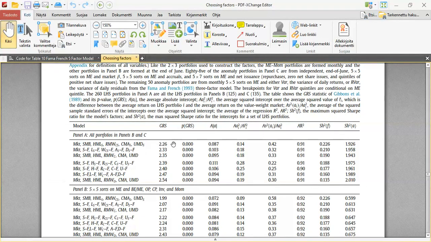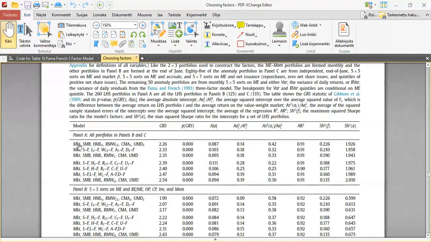So we see the corresponding GRS test, and I suppose this is an F test here, indicating 2.26. The p-value is 0.000, which is obviously smaller than 0.05, indicating that this GRS test is statistically significant on any level.